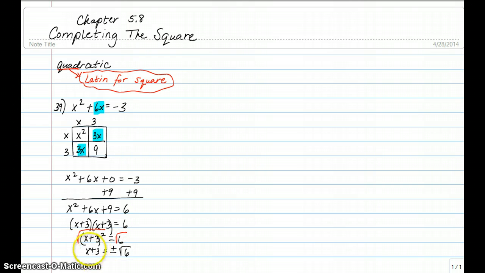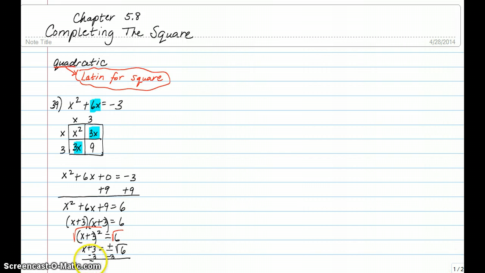Now, finally, I've got to get x isolated, so I'm going to subtract 3 from both sides. And I'm going to end up with x equaling -3, there's your -3, plus or minus the square root of 6.